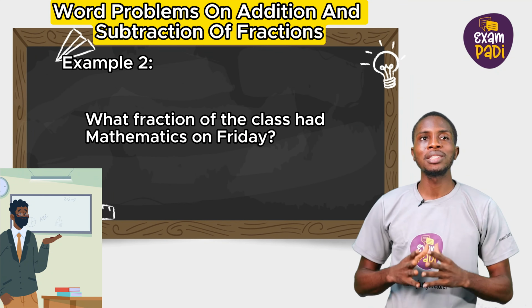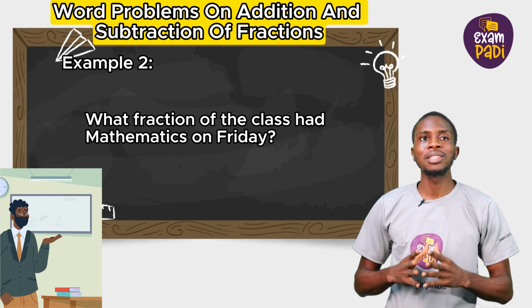We arrive at 9 over 10 minus 1 over 6 equals something over 30, which is the LCM. 10 in 30 is 3. 3 multiplied by 9 gives us 27. 6 in 30 is 5. 5 multiplied by 1 equals 5. Then we have 27 minus 5 over 30. This equals 22 over 30.